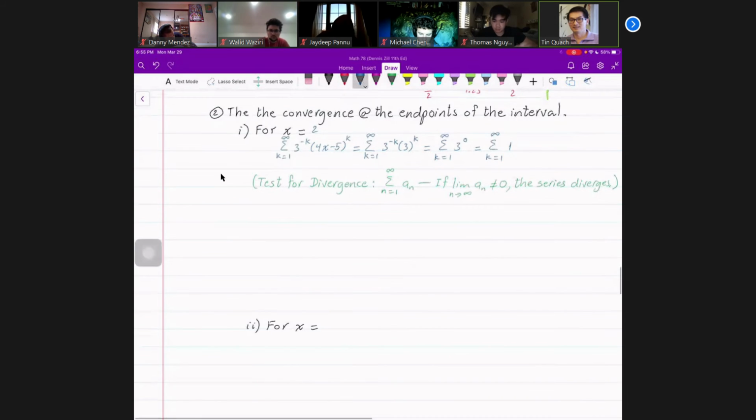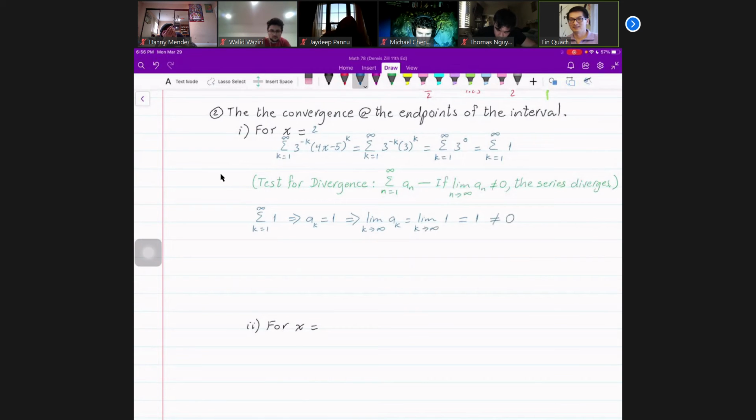So in this case, you have this sum from k equals 1 to infinity of 1. So that implies a sub k is equal to 1. So that implies the limit as k approaches infinity of a sub k is equal to the limit as k approaches infinity of 1, which is equal to 1, and not 0.